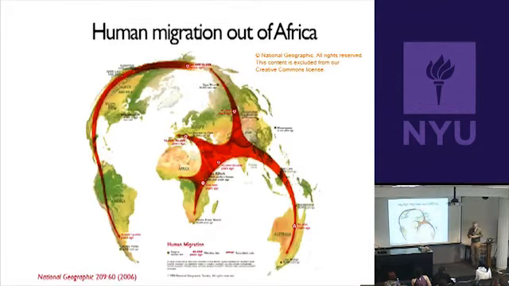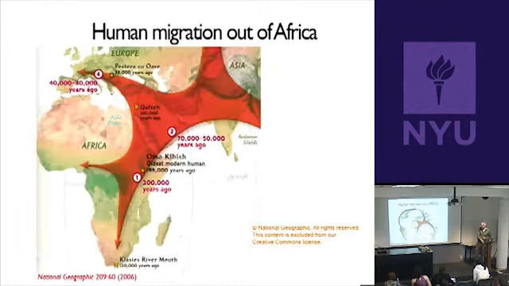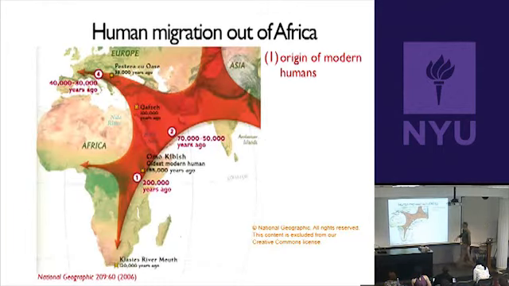Okay? So this is a figure from that article, and we'll just zoom in on a few places. Okay? So again, origin of modern humans about 200,000 years ago in East Africa. The oldest modern human fossil is about that age and from that location.